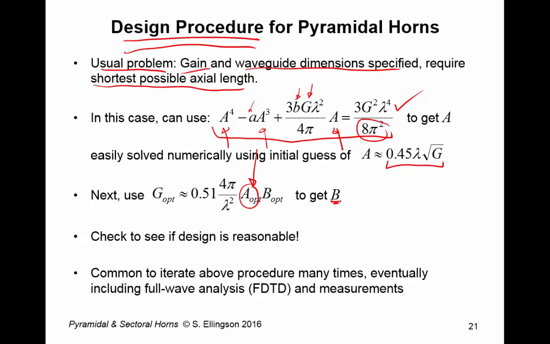Now, a bunch of approximations have gone into this, so you check to see if your design is reasonable. You check the directivity equations, you see what kind of directivity you're getting out of this, and then once you're happy, or once you think this is working out, then you proceed to a full wave simulation and make sure everything's working. The usual question I get is, why not just iterate the full wave solution? That's for two reasons.